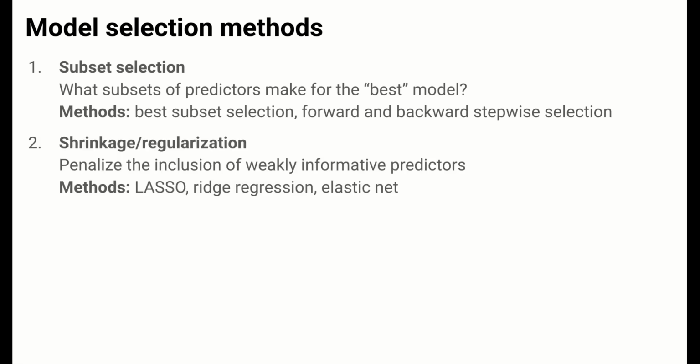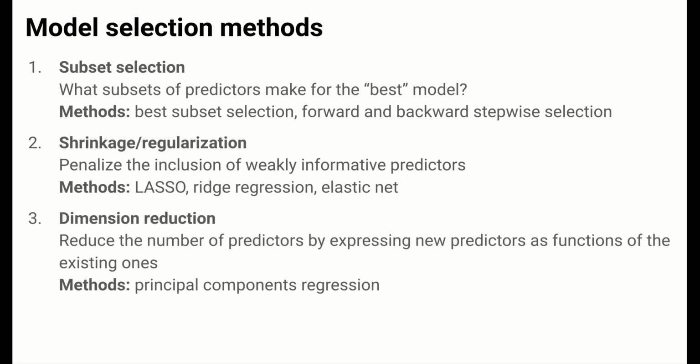The second general area is called shrinkage or regularization, which we'll talk about next. The idea behind these methods is to penalize the inclusion of predictors that are only weakly informative of the response. Methods in this area include a method called lasso, ridge regression, and the elastic net. The last area is dimension reduction.